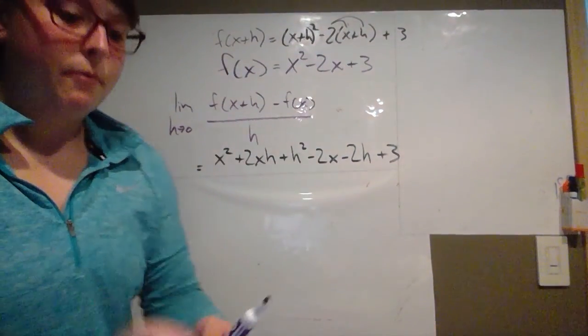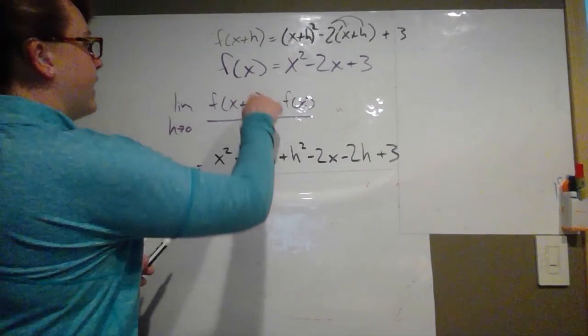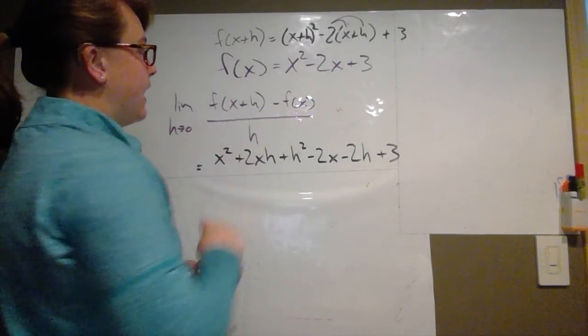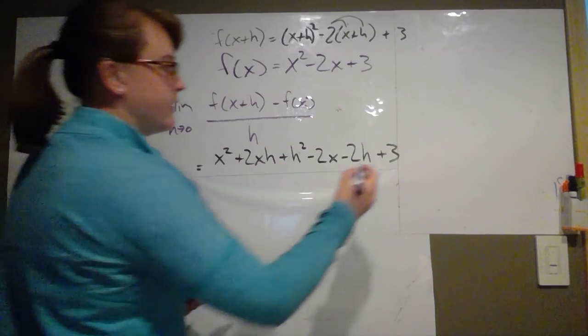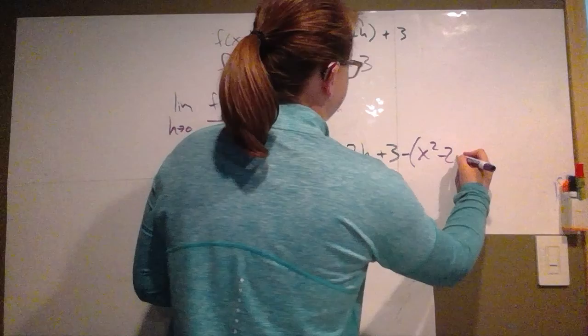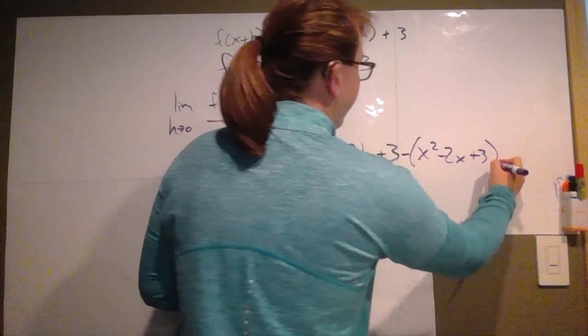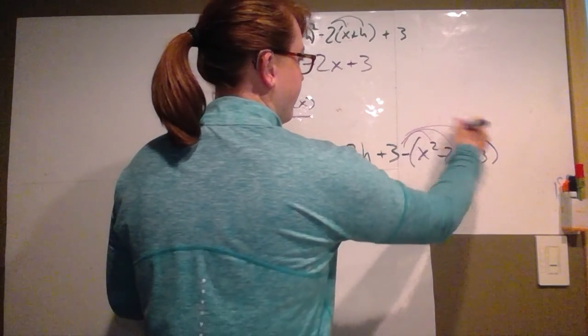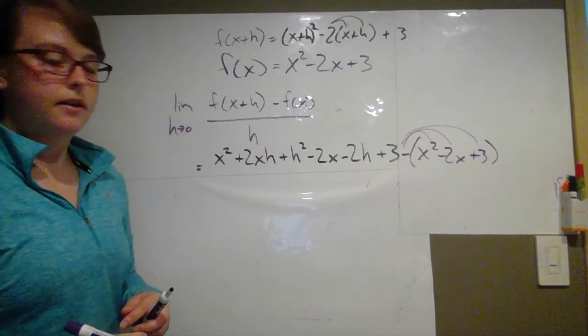And then we're going to run out of room here. And then f of x, so it's minus f of x. And remember, it's minus the entire function. So if it helps, you can go minus parentheses x squared minus 2x plus 3, so that you remember to distribute the negative to all three pieces there.